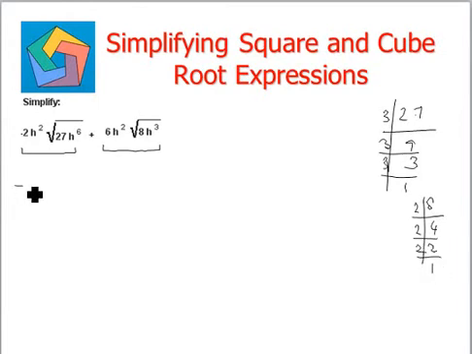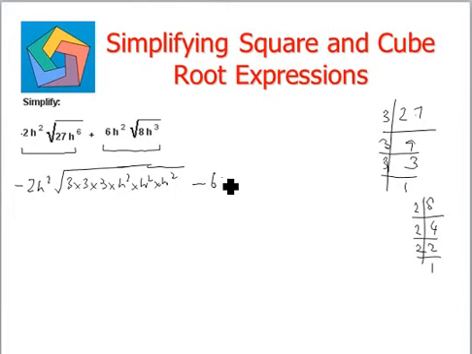So we have negative 2h², 27 is 3 times 3 times 3, while h to the power of 6 can be written as h² times h² times h², plus 6h² times 2 times 2 times 2 times h² times h.